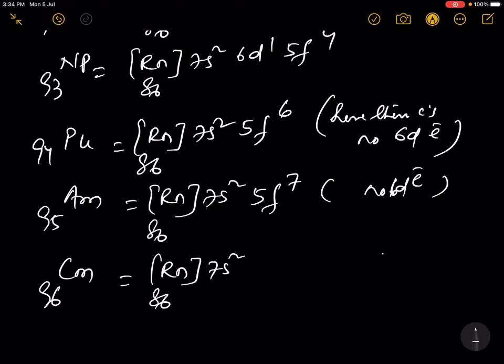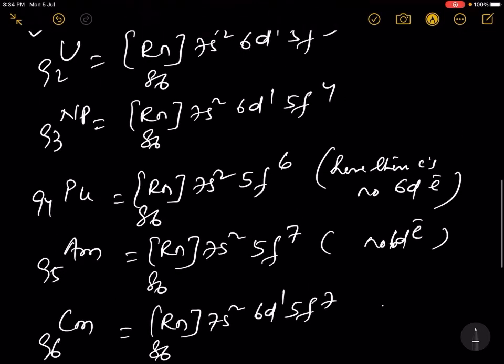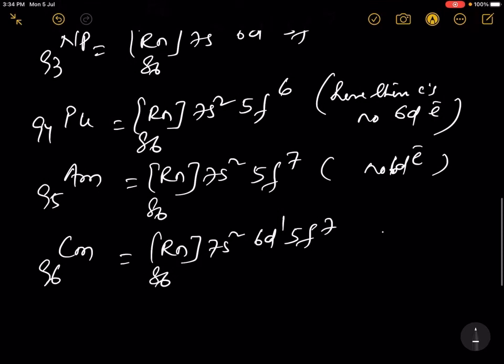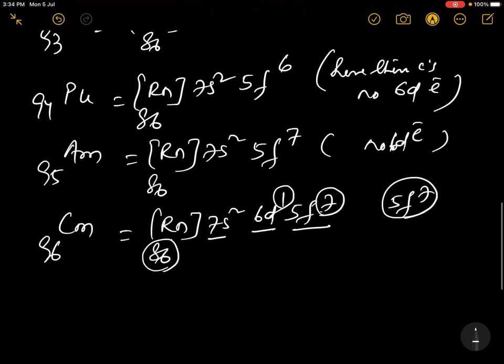Then 5f7, and in the middle you will find 6d1. You see here one electron will enter 6d because exactly half filled is more stable. So curium has the configuration like this: radon at the core, 7s2, 6d1, 5f7.